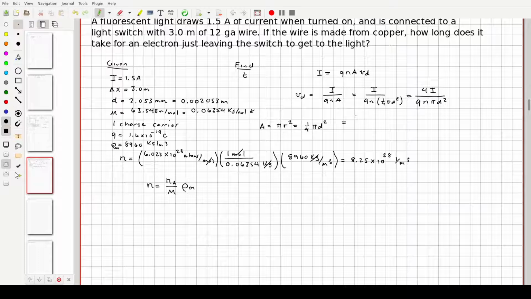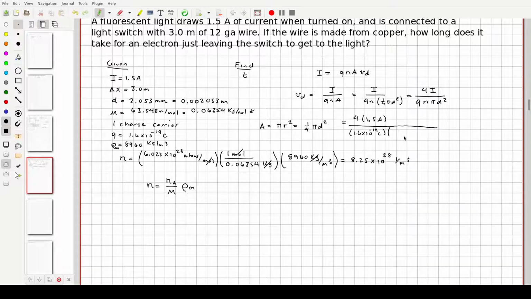So 4 times I is 1.5 amps. Our Q is 1.6 times 10 to the minus 19th coulombs in magnitude.